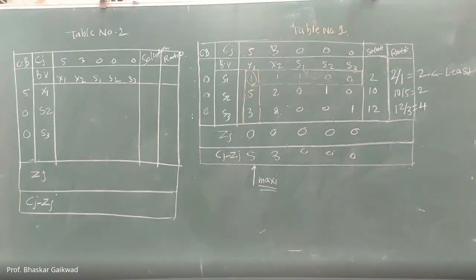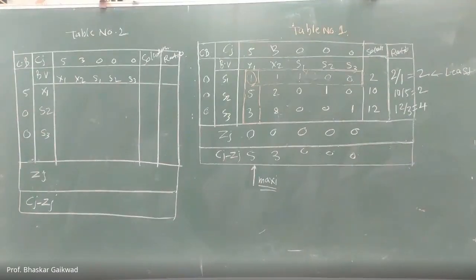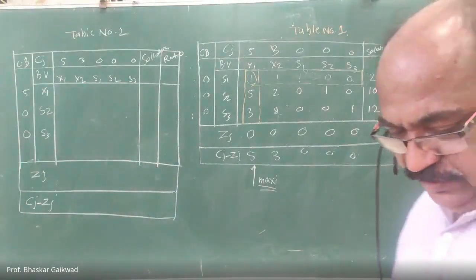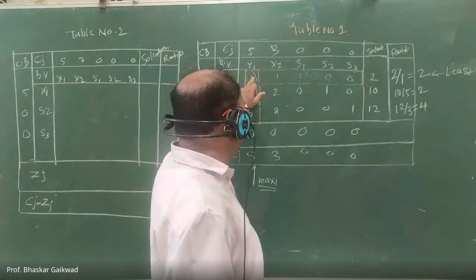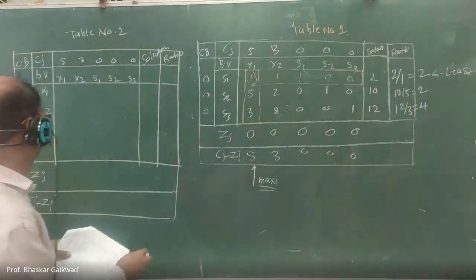So shall I tell this next step? Okay. Once you get the key element, you have to divide all the numbers by the key element. So here key element 1 divided by 1, so answer here 1.